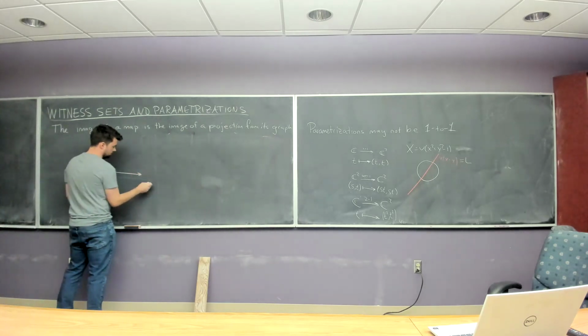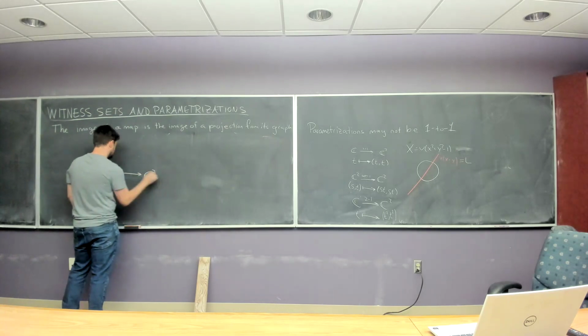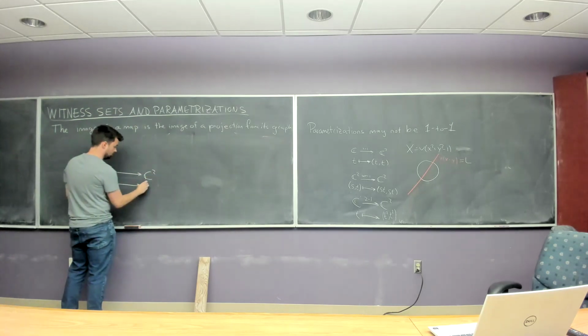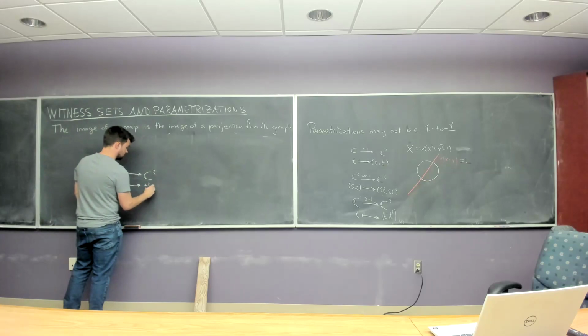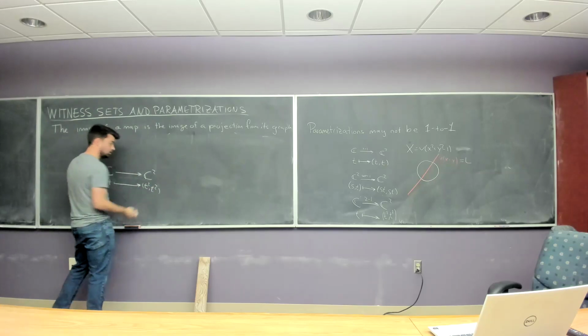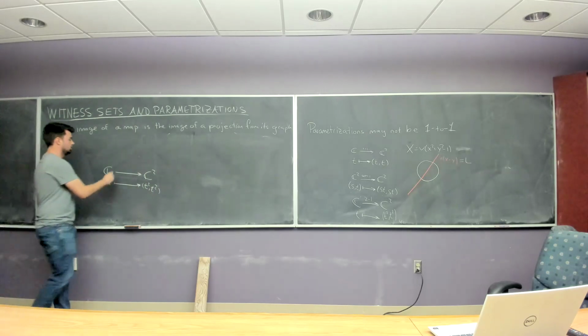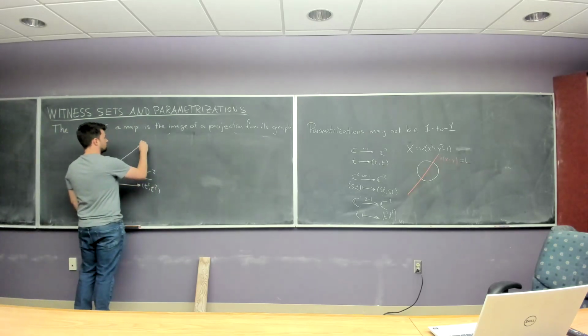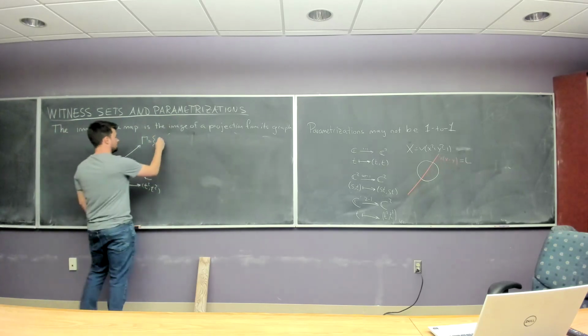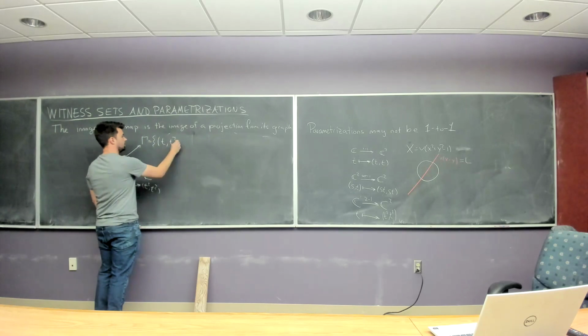C goes to C squared via t maps to (t squared, t squared). The graph of this is not too hard to write down: (t, t squared, t squared).